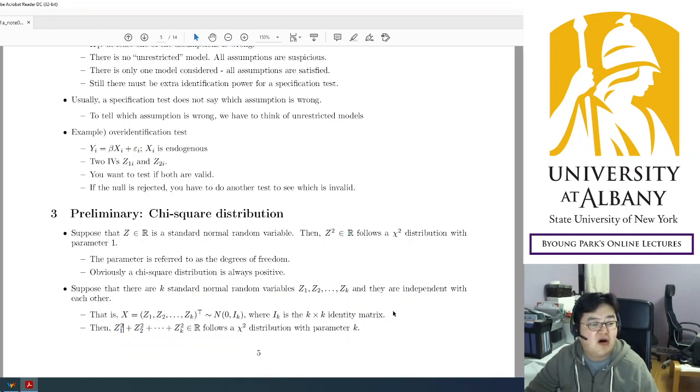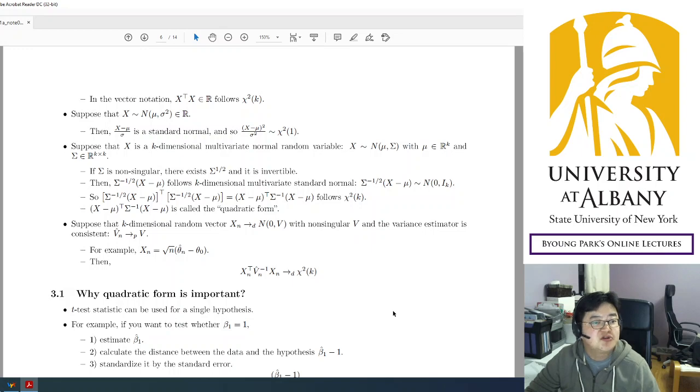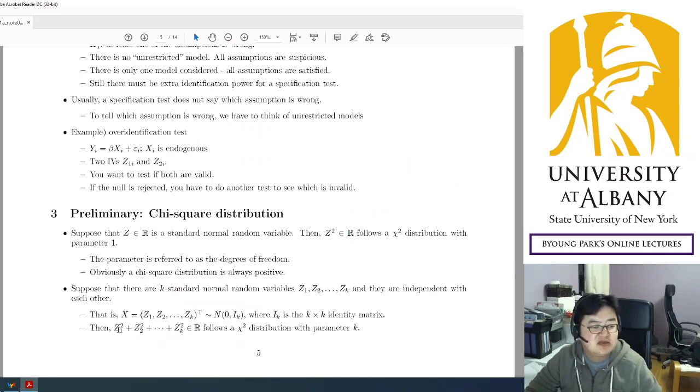So the degrees of freedom is k. Alternatively, you may understand this in this way. If you define a random variable x as a vector of these k random variables, then the k-dimensional column vector x follows a standard normal distribution. So the k-dimensional standard normal distribution is defined this way: mean 0, and variance is the k by k identity matrix.